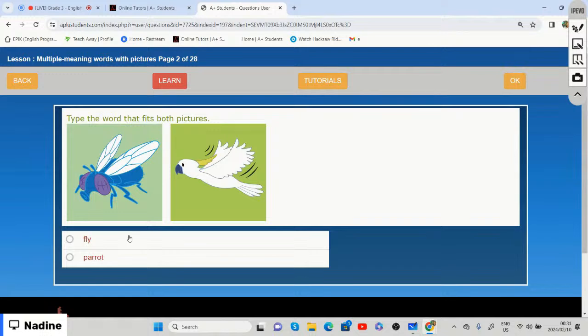All right, if we look at both of these pictures, is it fly or is it parrot?